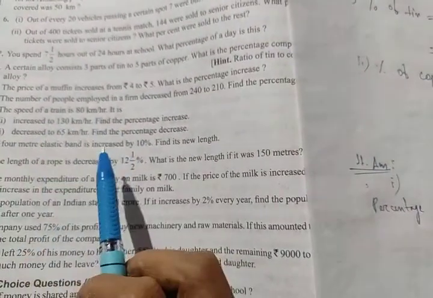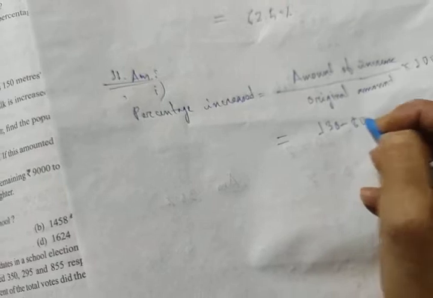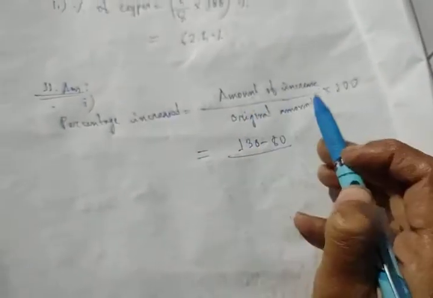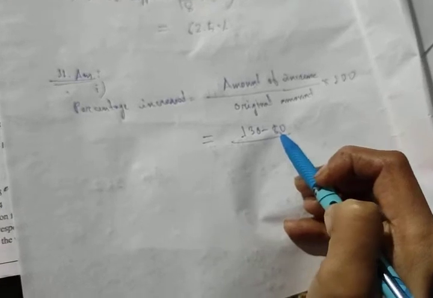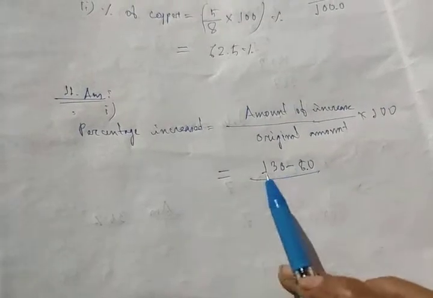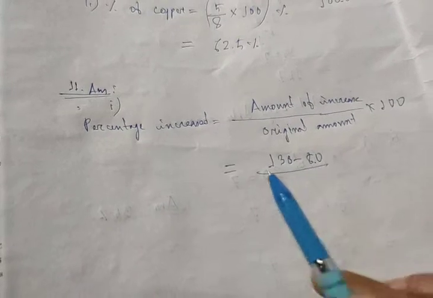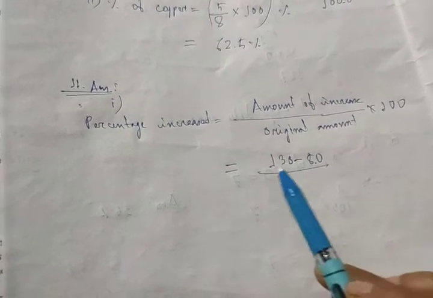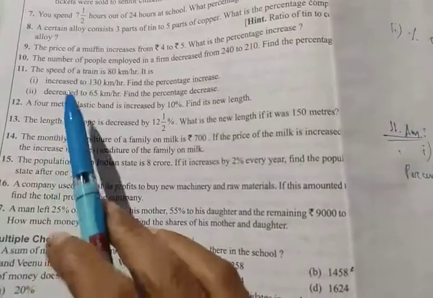Difference between 130 and 80, that means 130 minus 80. Since 130 is larger, we subtract the smaller number from the larger number. So 130 minus 80.